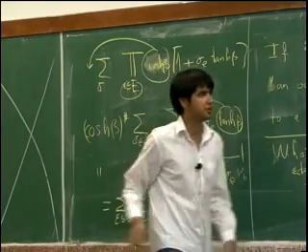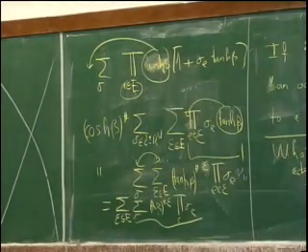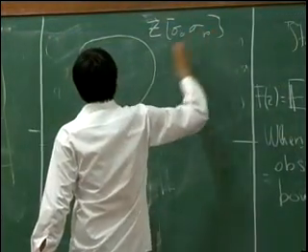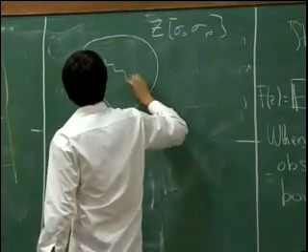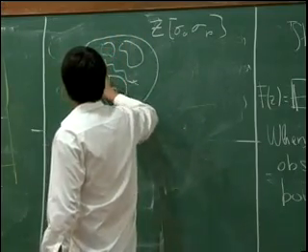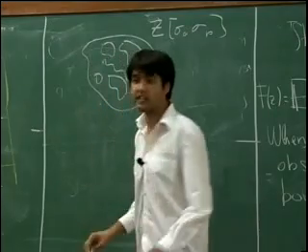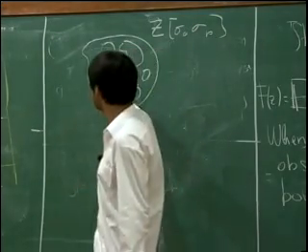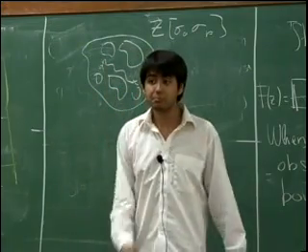So if I do the same thing for Z of sigma A sigma B, I get that you have loops, because every vertex has even degree, except the points A and B, which have odd degree. And that creates a path from A to B. Okay?